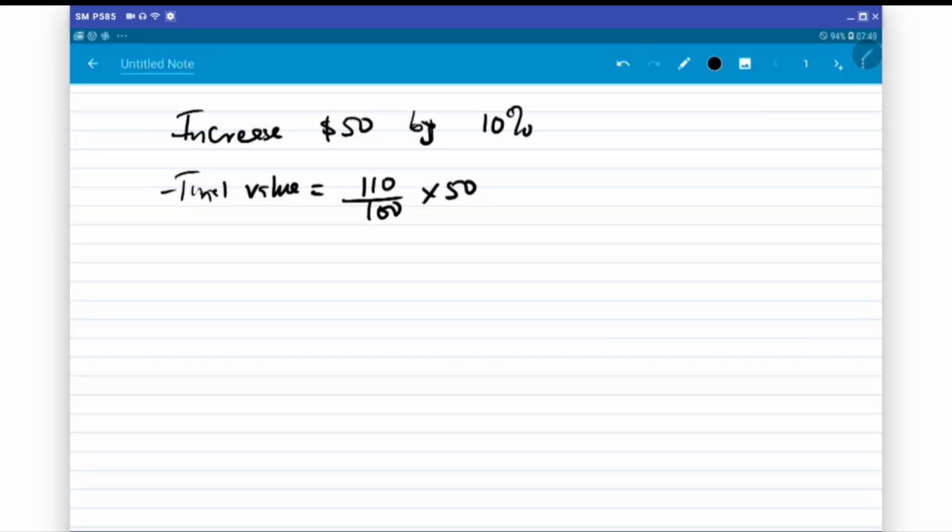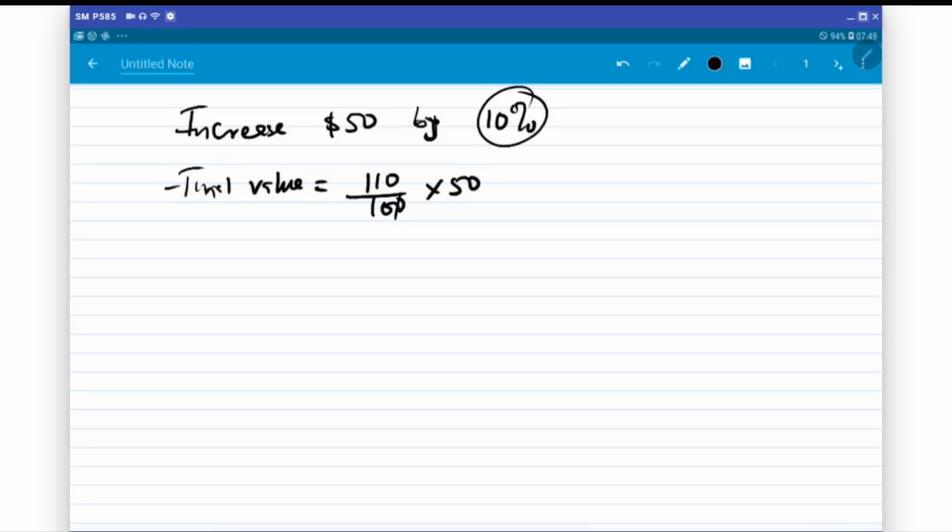Since you're increasing by 10%, that means 10% plus 100%, giving you 110%. So 5 times 11, we have $55. So we will not need to find 10% of 50 first and then add to 50. That will be a waste of time. So simply, straightforward, 110% of 50 will give us $55. That's what this statement is simply saying.